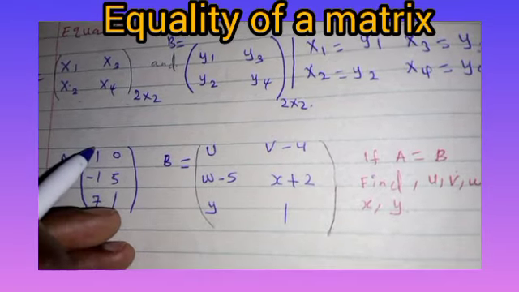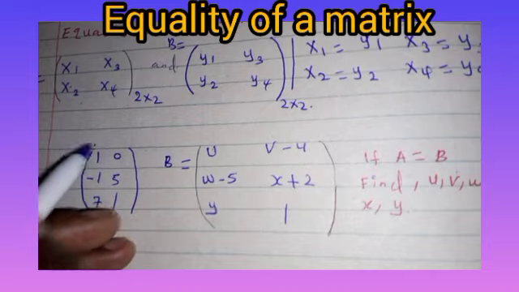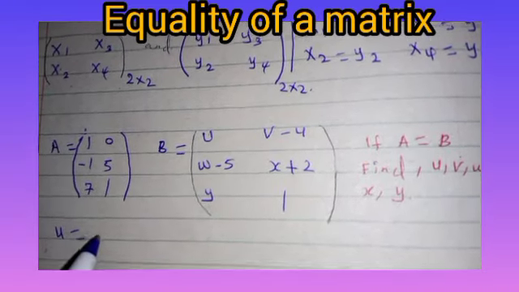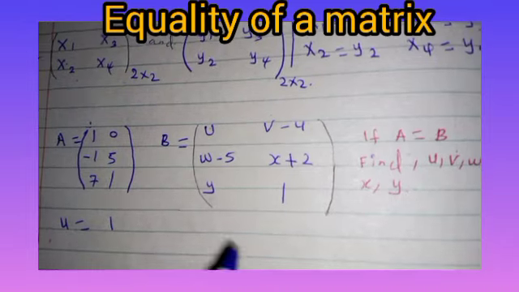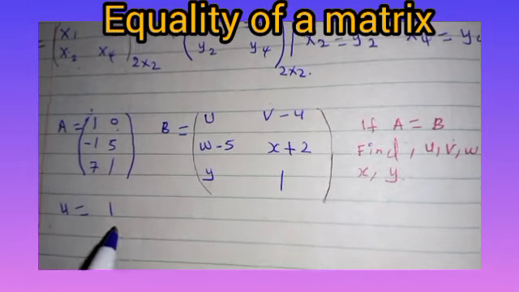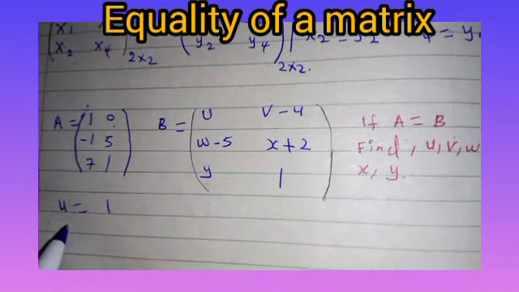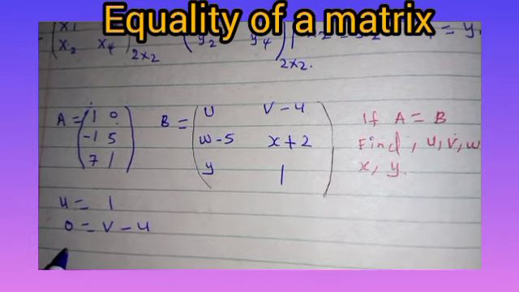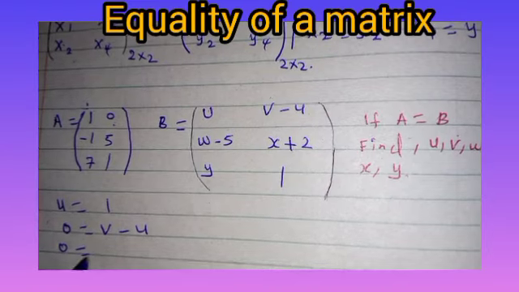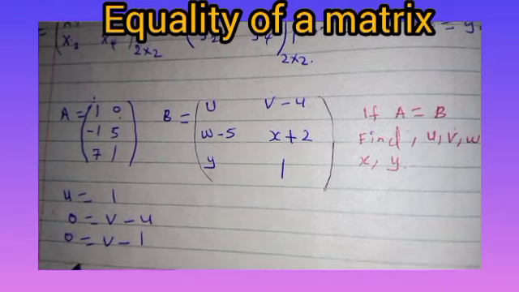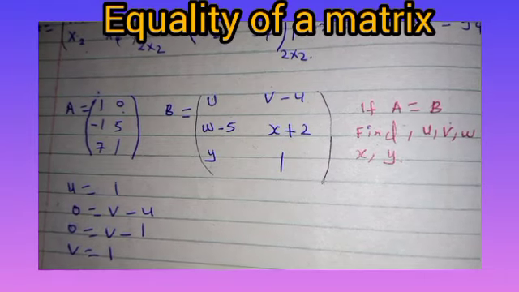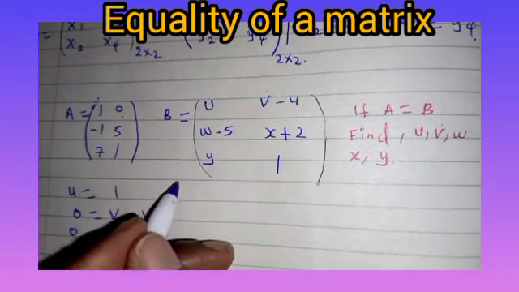So here the first element is 1, which corresponds to U, meaning that U is equal to 1. Next we have 0, which corresponds to V minus U, meaning that 0 is equal to V minus 1. So V is equal to 1 when you take the -1 to the other side.